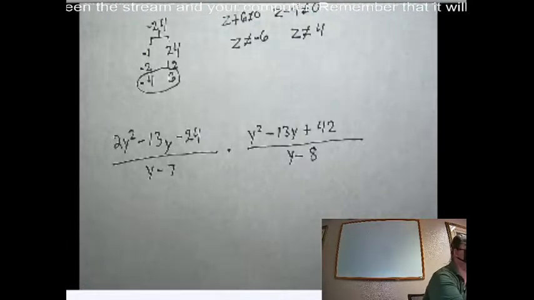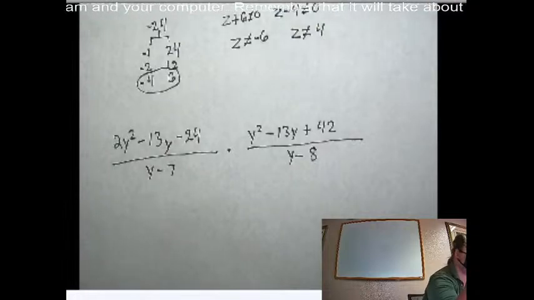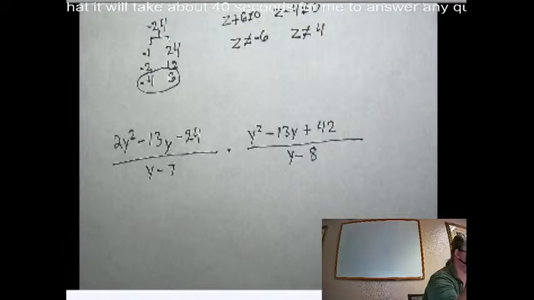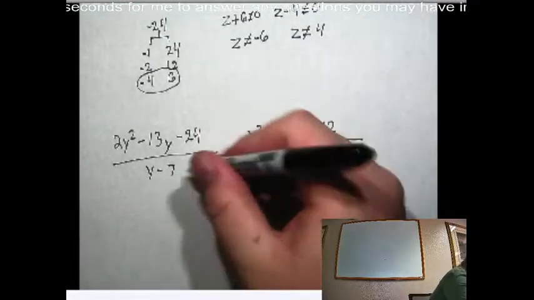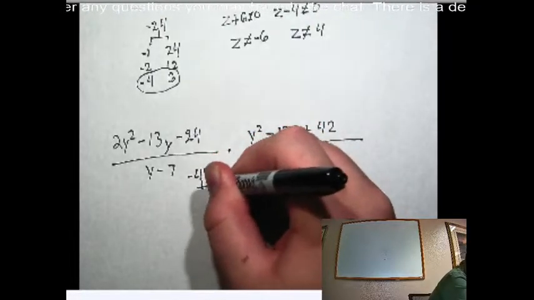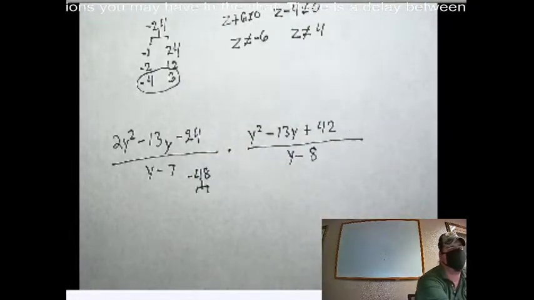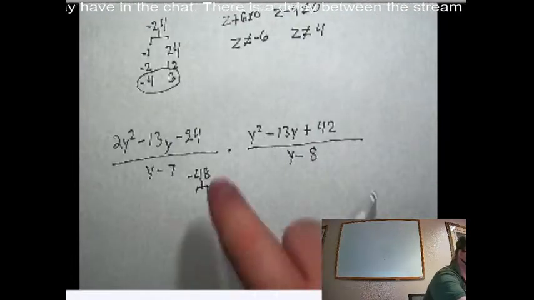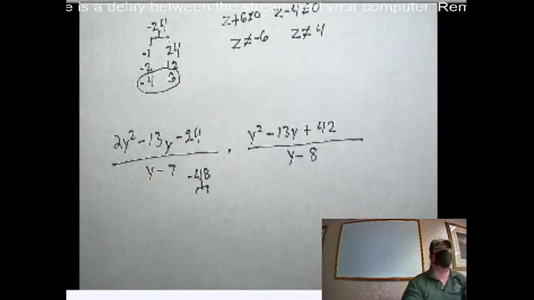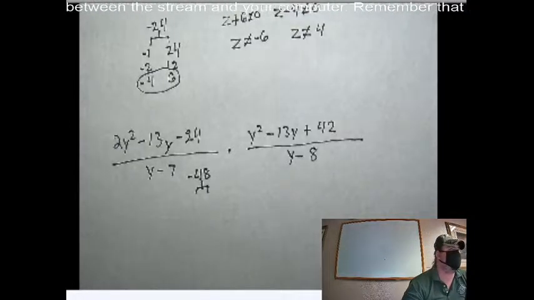So my 2 times negative 24, AC, is what? 48, yeah. So we have negative 48 for our AC. And we want a pair of factors that will multiply to get negative 48, but add to get negative 13. Any ideas?